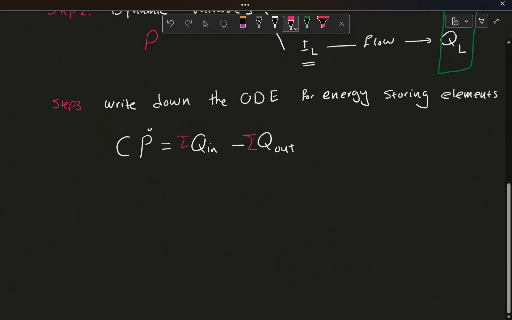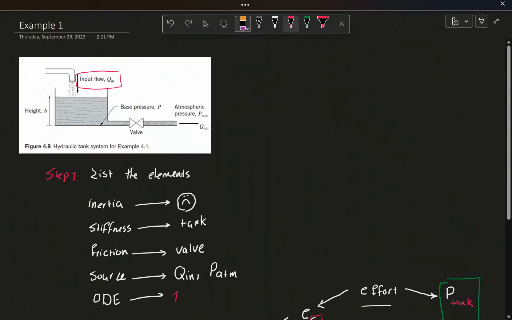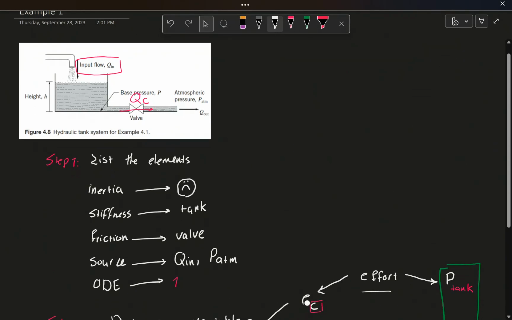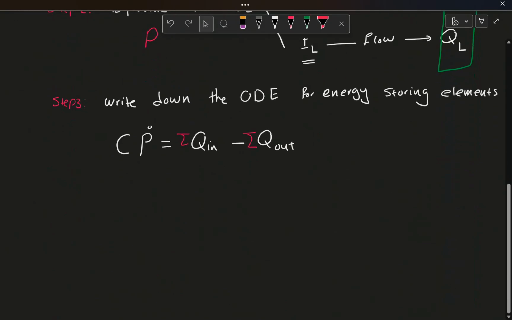For my problem, I noticed that I have only one Qin and then one Q that goes out of this guy, and I'm going to show it with Qc. So I would have just one of these, and I don't need to have a summation here.